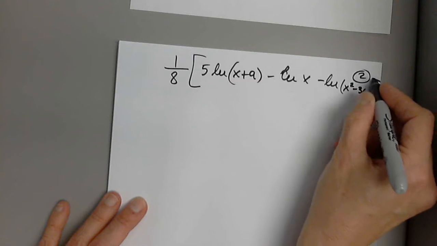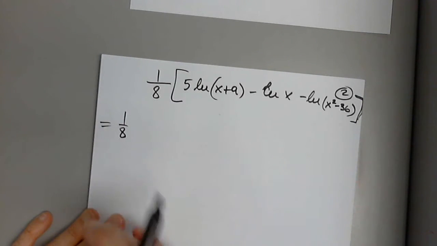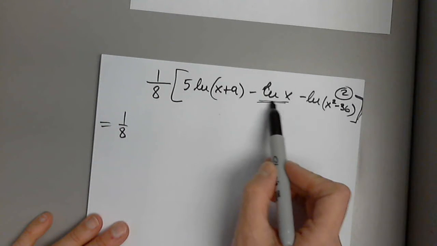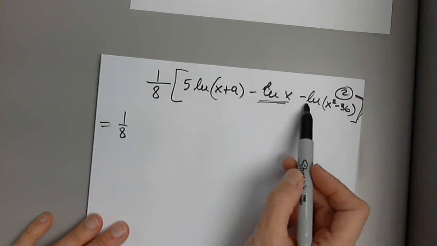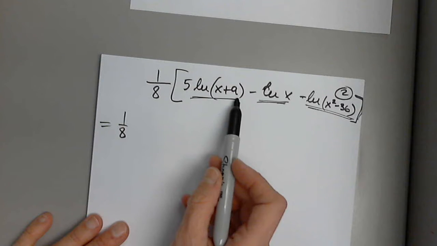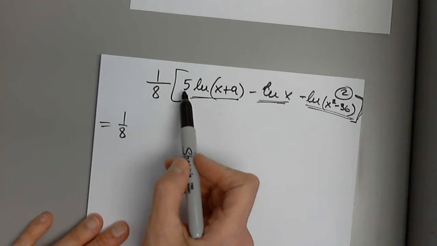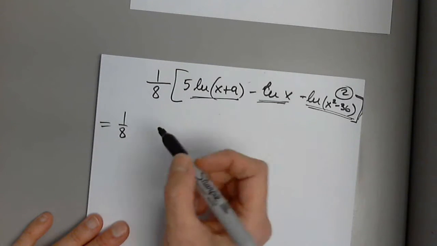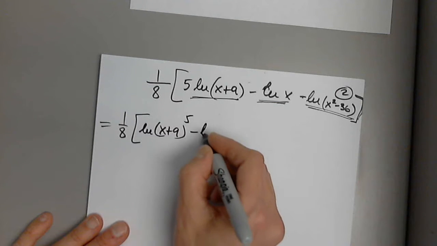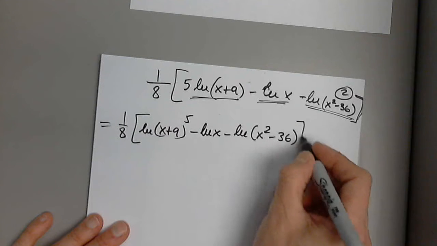Perfect. I see a clean natural log with minus in front, but not a clean natural log because it has a 5. Where does this 5 come from? Right here. So that will be my first step: natural log of x plus 9 to the 5th power, minus natural log x, minus natural log of x squared minus 36.